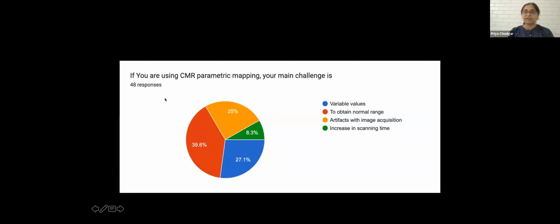For those who were using CMR parametric mapping, the main challenge was to obtain the normal range. Our senior members will share their experience and how they have used it in their clinical practice. About the artifacts and variable values, those questions we will also try to answer.